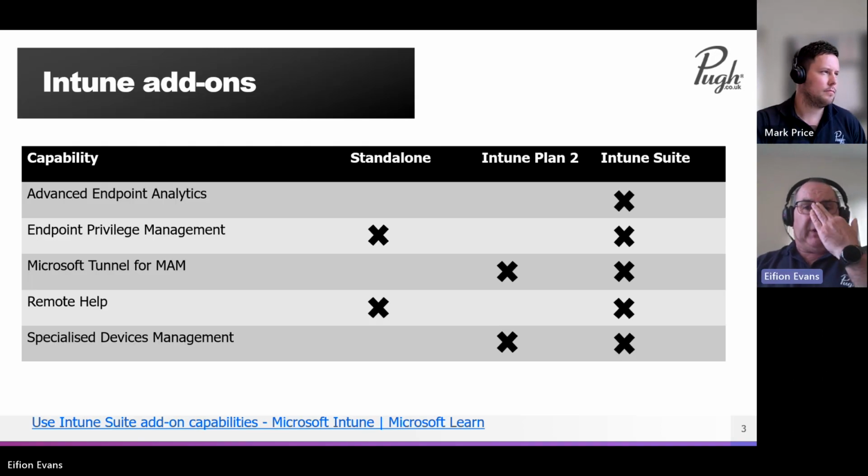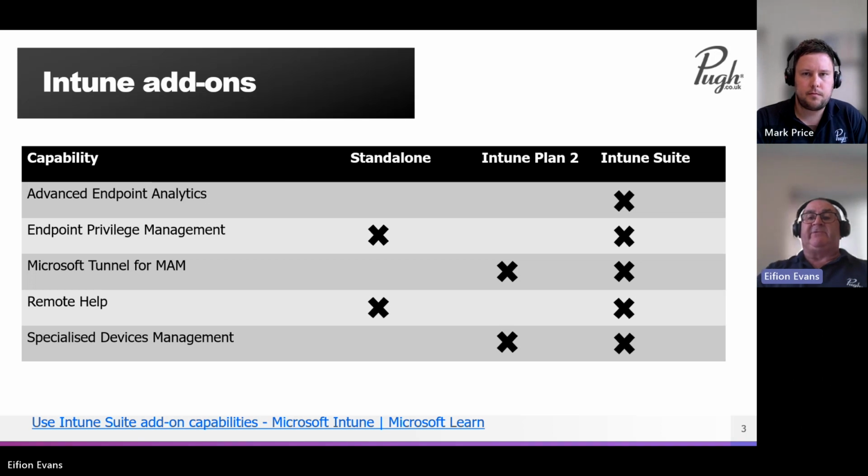So if we look at these, firstly, there's endpoint privilege management, which allows you to provide just-in-time admin access to users on their Windows devices. This means you can tie down user devices without giving them local admin privileges. This allows you to comply with policies such as Cyber Essentials.